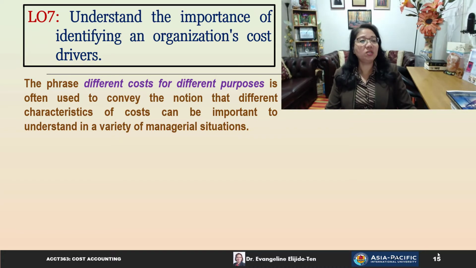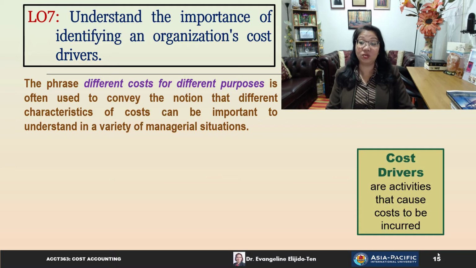One of the most important cost classifications involves the way a cost changes in relation to changes in the activity of the organization. An activity refers to a measure of the organization's output of products or services. And the activities that cause costs to be incurred are called cost drivers.